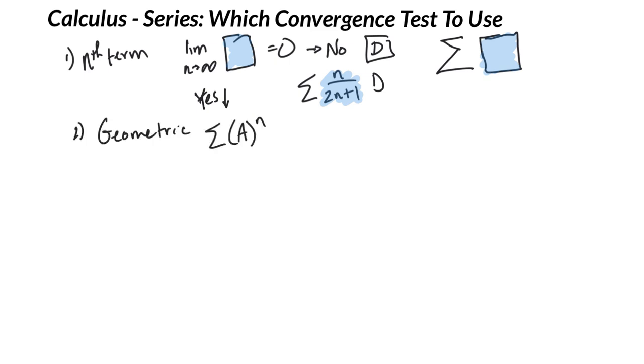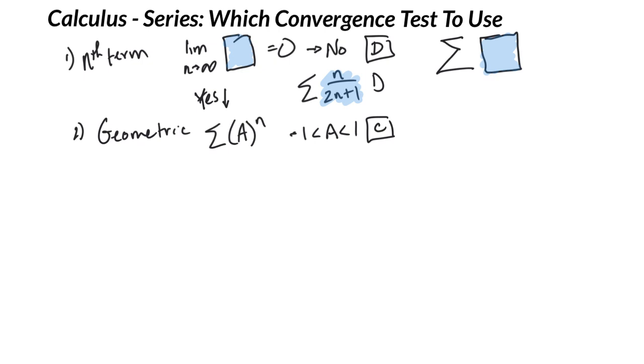The next one I look for is the geometric test. And a geometric test concerns things that almost look like exponential functions. They've got some number raised to the nth power. You look at that number, and if that number, a, is between -1 and 1, it converges, otherwise it diverges.